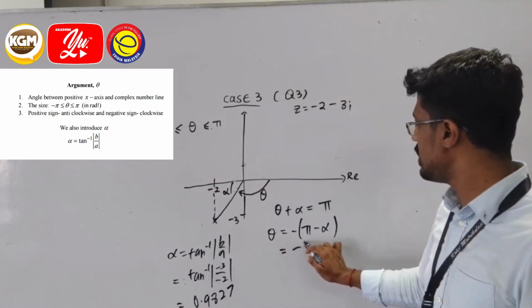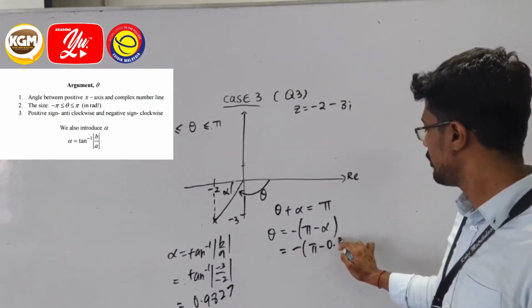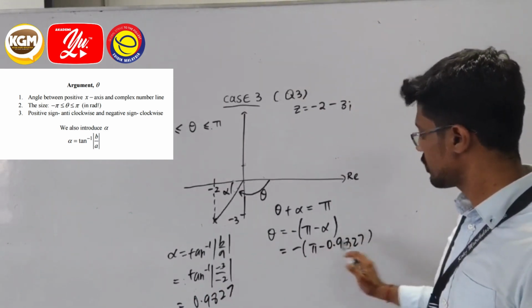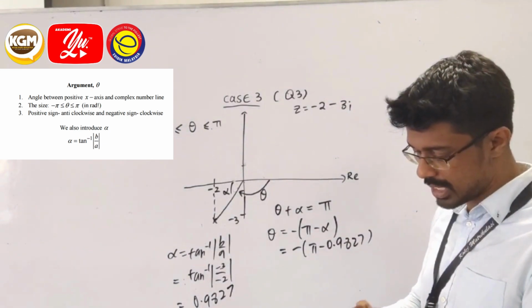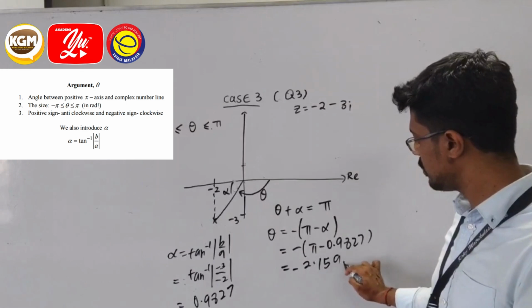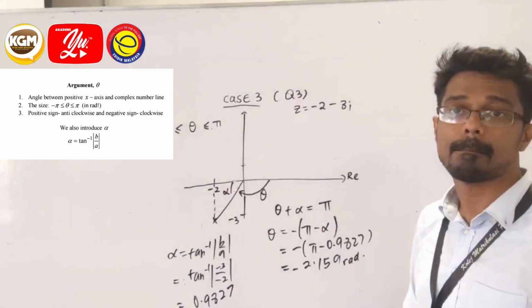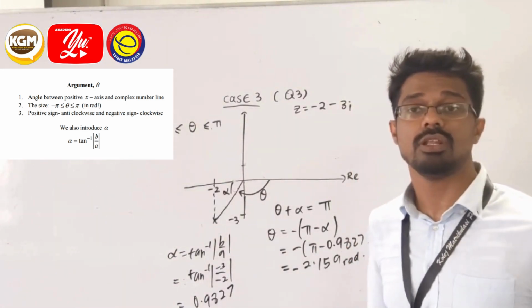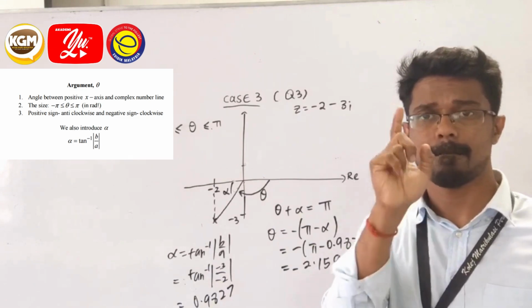So I go and sub that in. So pi minus that, so that is going to be negative 2.15923 to 5 decimal places. Remember the definition, don't memorize.